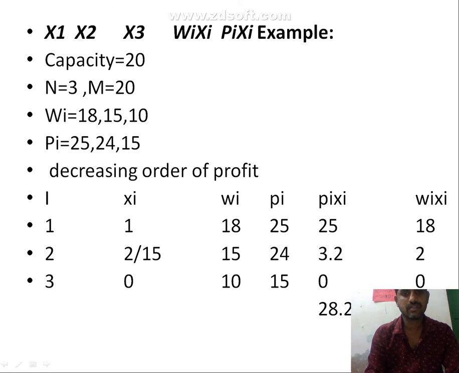First of all, we have to arrange the objects in decreasing order of profit, that is 25, 24, 15. The corresponding weight for 25 is 18, for 24 the weight is 15, and for 15 the weight is 10.